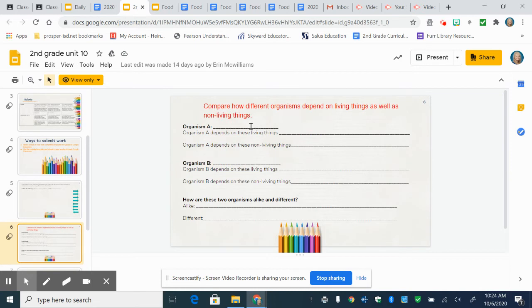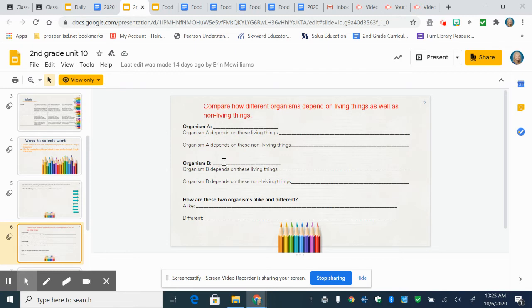Okay, once you get your food chain here, you can compare how different organisms depend on living things as well as non-living things. Okay, so for instance, if I might have done a pond, okay, maybe I did some algae in the pond, and I would say algae depends on the sun, and it depends on the rocks and other things for it to grow onto.